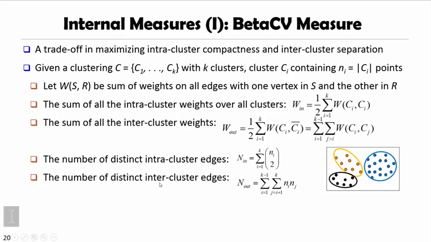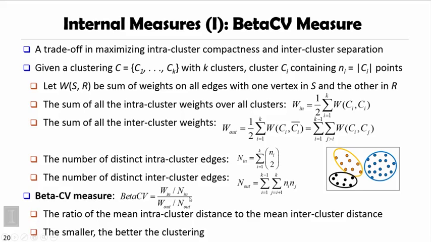Then n sub out is calculated as one point is in cluster i, the other point is in cluster j. They are never in the same cluster, so you want to calculate all the edges among different clusters. So that's the number of distinct inter-cluster edges.